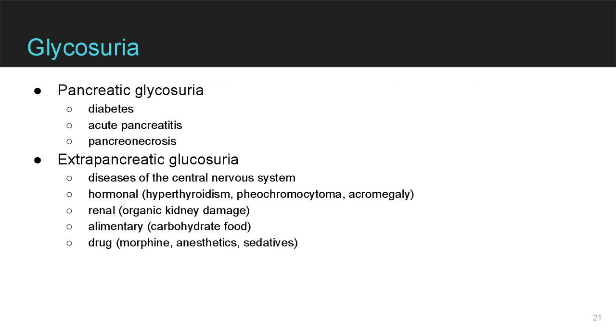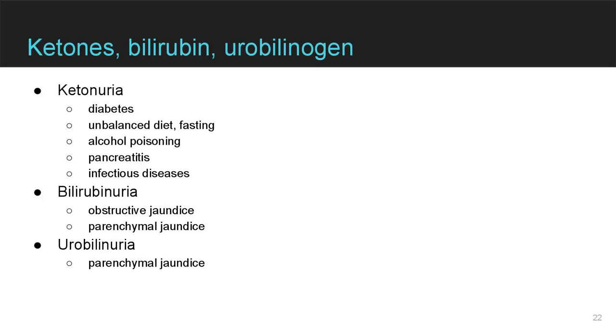In this case, kidneys cannot transport the glucose back to blood. Some drugs, using different mechanisms, can stimulate glycosuria. The next types of components which we can estimate in urine: ketones, bilirubin, urobilinogen.